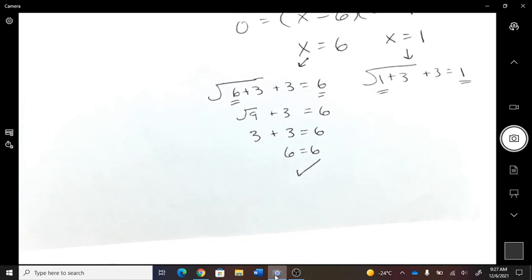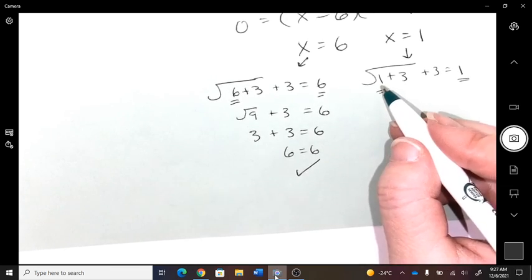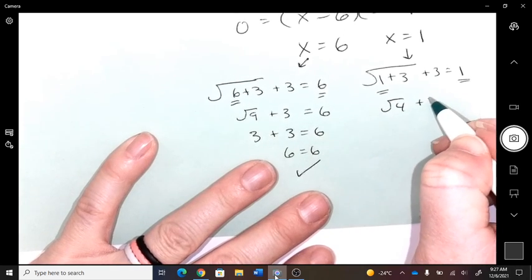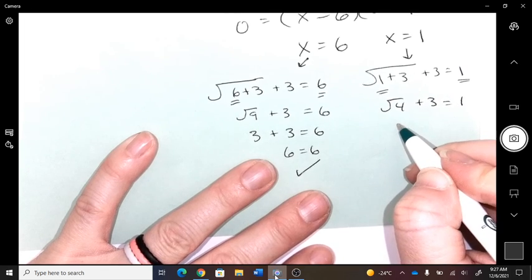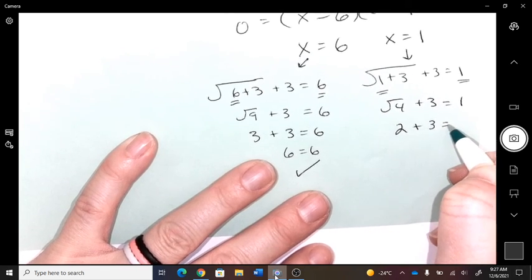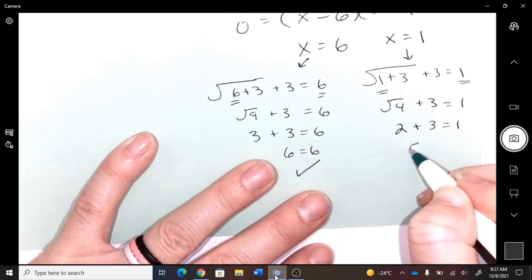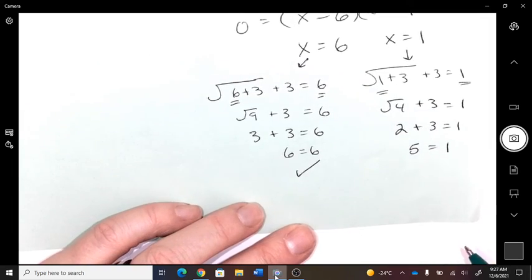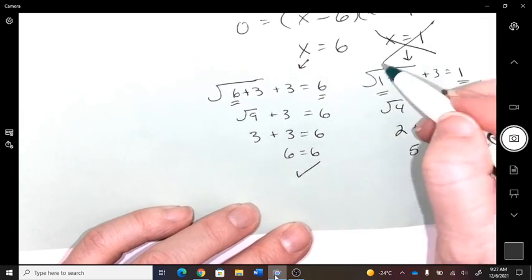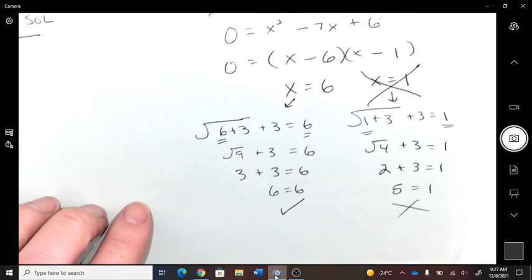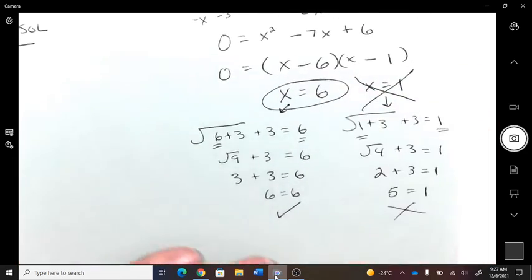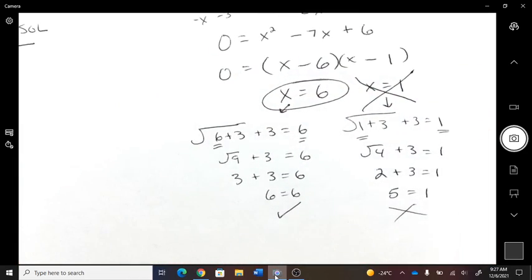Yeah, that's good. That works out. Okay, so when I plug 1 in, I get a root 4, which is 2. 2 plus 3 is 5. That one does not work. Okay, so x equals 6 is the only answer.